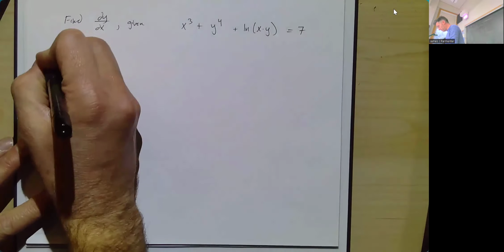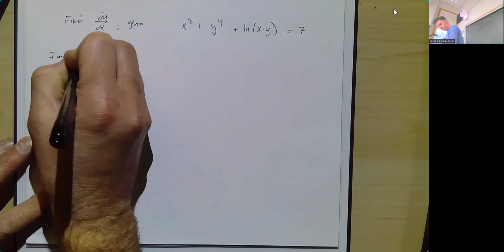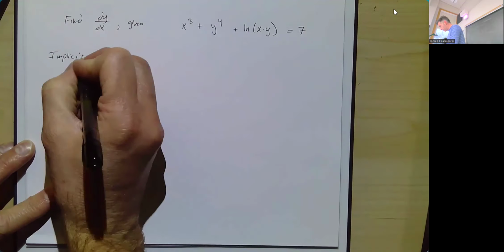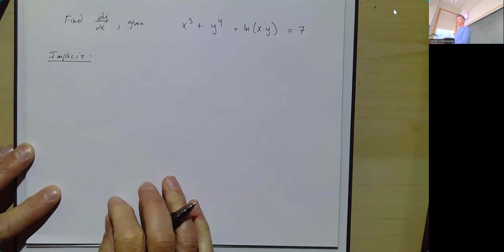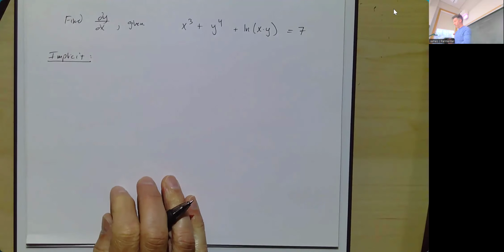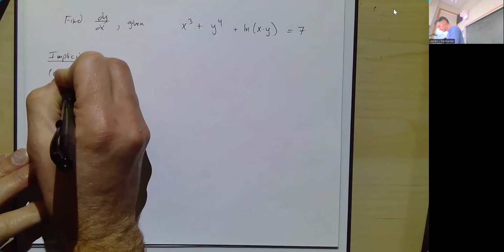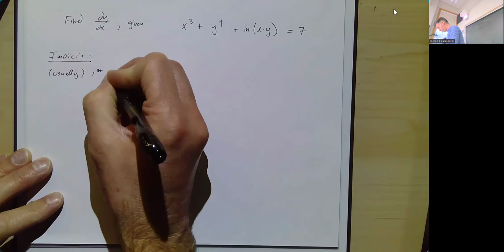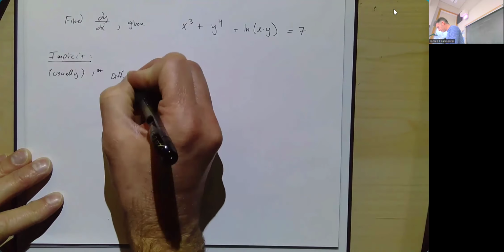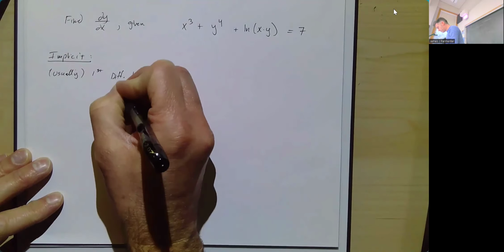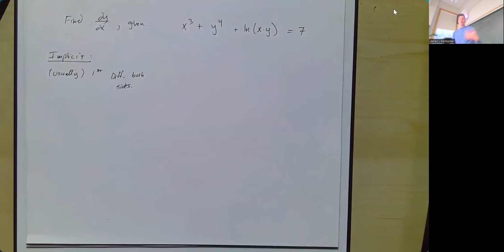So when we use implicit differentiation, we usually first differentiate both sides, although there's a small thing I'm going to do before that. Just like the other problems we've done, before you start differentiating, it is usually a good idea to use any logarithmic properties you might have.